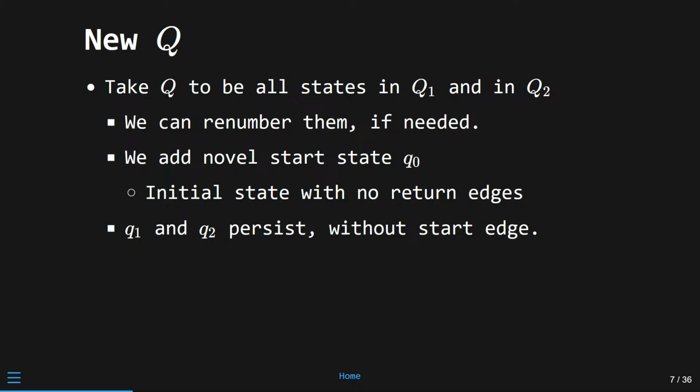They do all the same things they used to do, but instead of having an incoming edge from the start state, they have an incoming edge from our novel start state, Q0. So I take a Q0 and I put it way before both of the machines. Then I have an edge that goes to Q1 and Q2. And then otherwise they're identical.